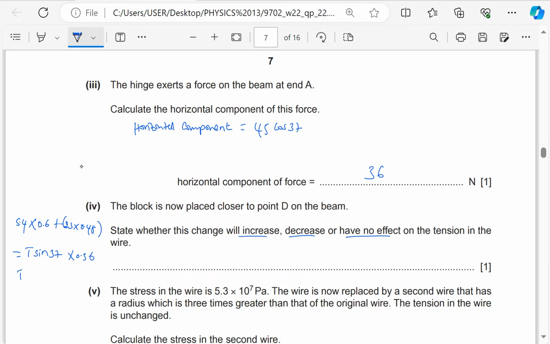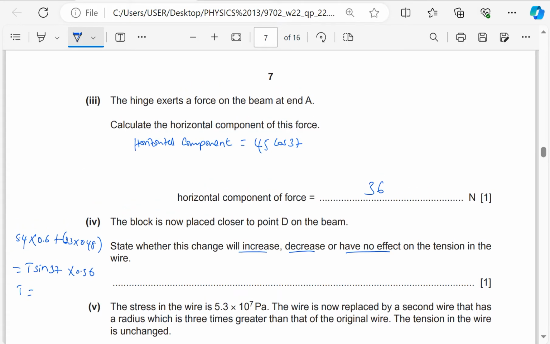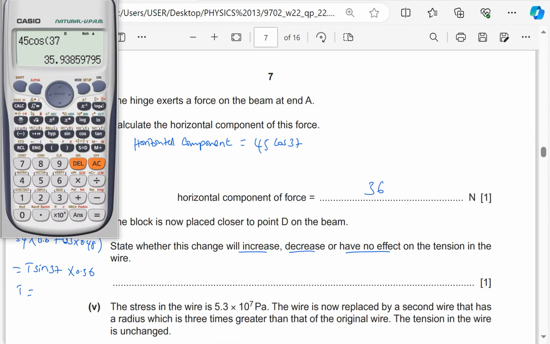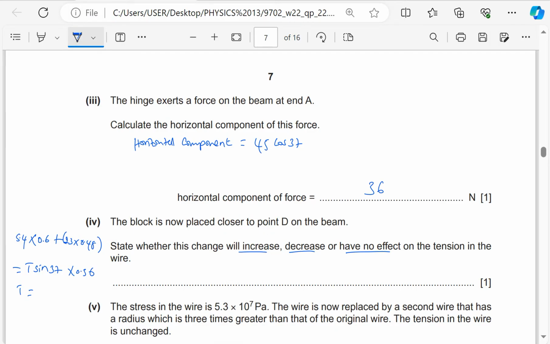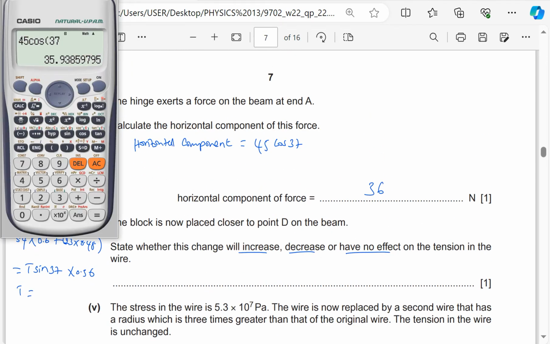Let's see if T is greater than 45 or less than 45. So I'll just check my calculator. And of course, the no effect part is wrong. So I have 5.4 times 0.6 plus 23 times 0.48, divided by 0.56 sine of 37.